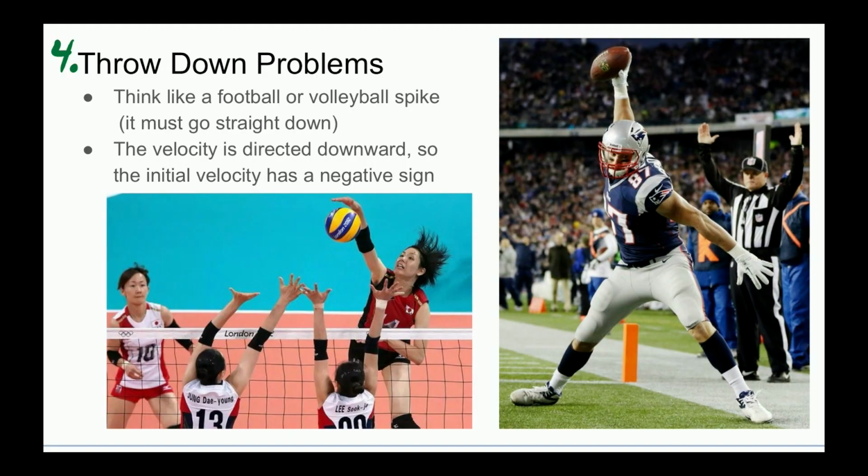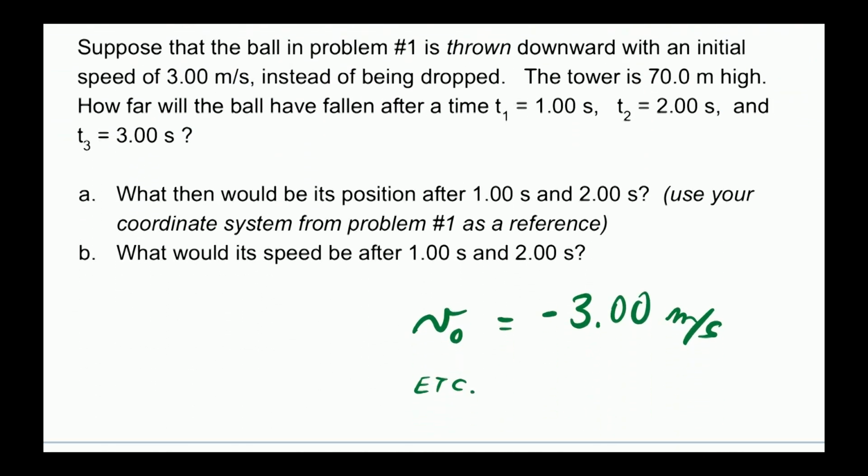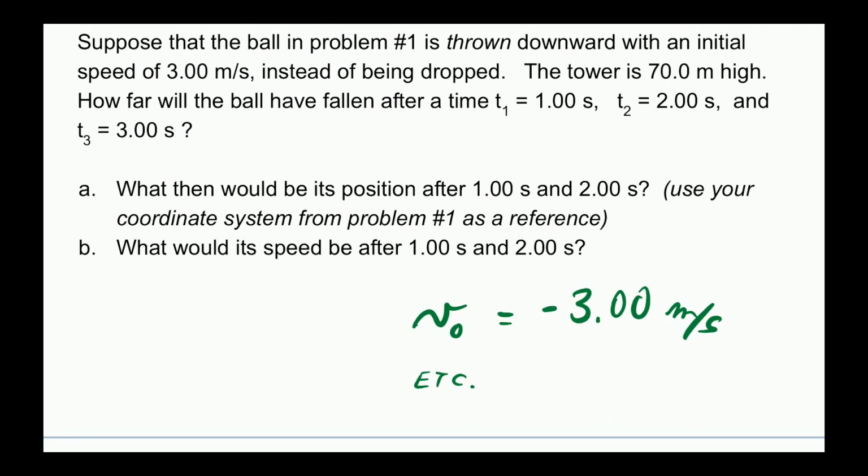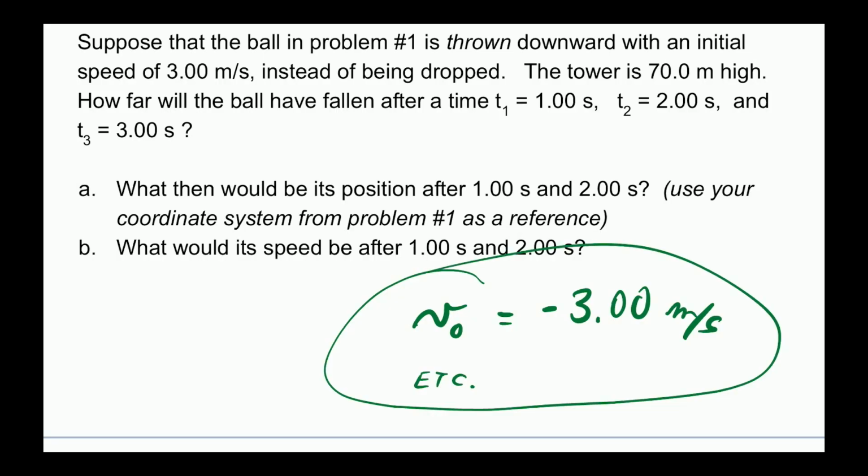The initial velocity is straight down, so you're throwing something in a downward direction, thus it has a negative initial velocity, right? So velocity of -3 meters per second would be a legit kind of question to ask. That's the only thing that's special about a throw down problem. It's just you have to remember that velocity is negative if you're going down.